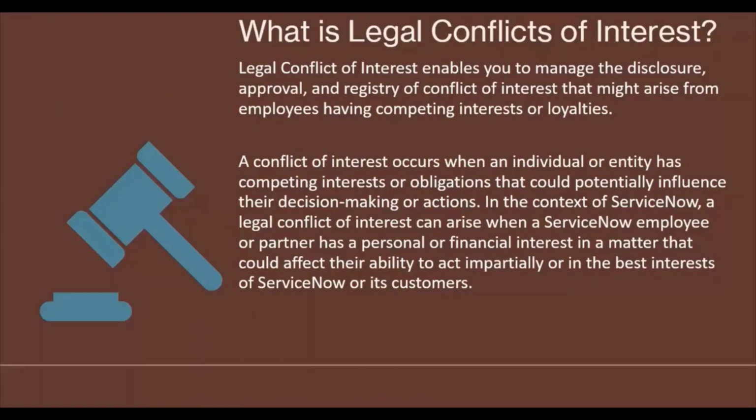Basically, conflict of interest is the thing that will affect your public duties. Before going to the definition, I am giving you a normal example so that you can understand better.